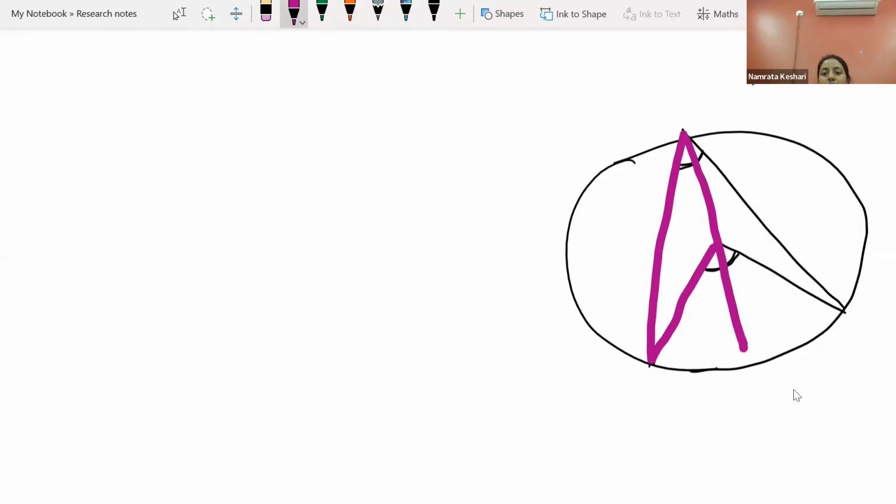We will say that the exterior angle is equal to the sum of the opposite interior angles. Yes or no? Yes, ma'am. So you can say that x is equal to y plus z. Similarly, for the other triangle also, this part is equal to the sum of the opposite interior angles.